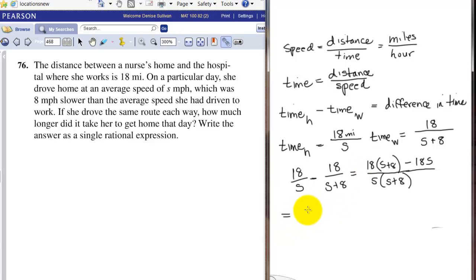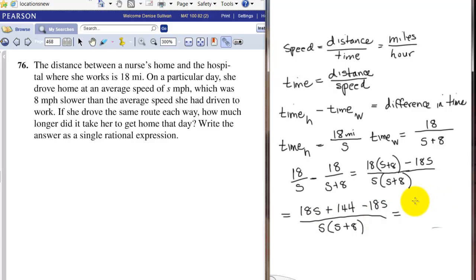Distribute that multiplication, which is 18s plus 18 times 8 is 144, minus 18s, all over s plus 8. This equals... negative 18s and positive 18s are opposites.